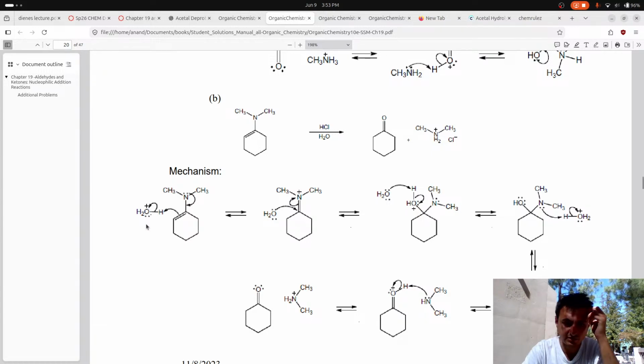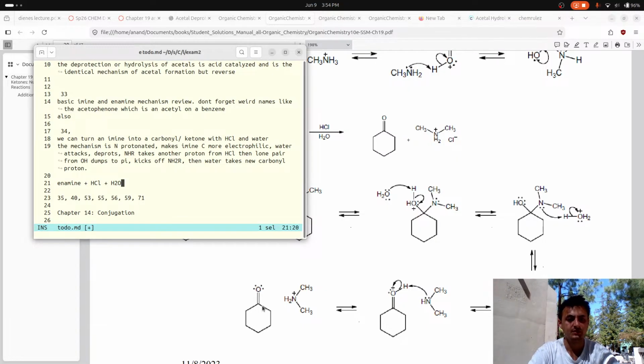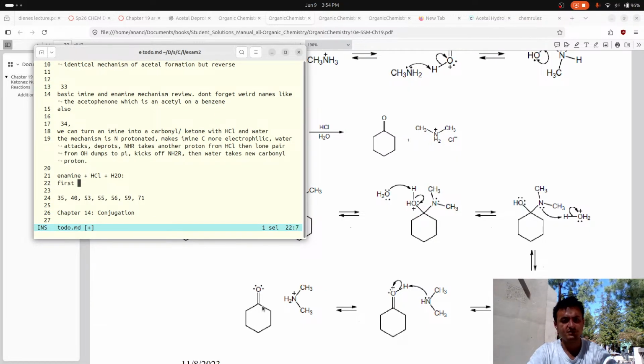Okay, so we get cyclohexanone and this dimethylamine thing. All right. So first, iminium ion formation.